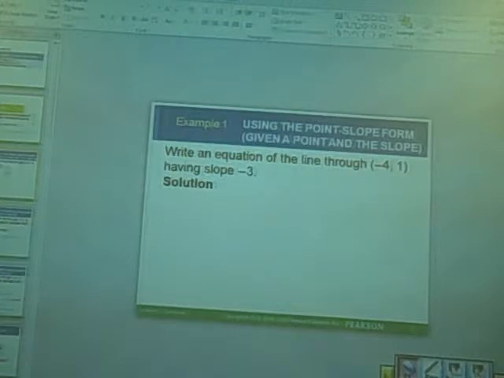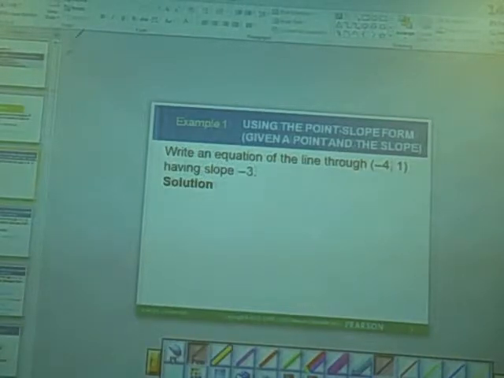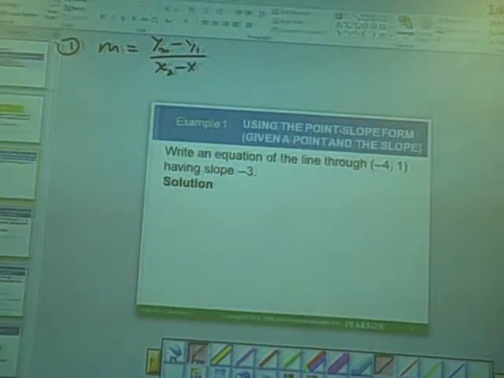Alright, so let's say we're writing an equation for the line given the point -4, 1 and having a slope of -3. So basically there's 3 equations you want to remember. One is your slope of 2 points equation, slope is y2 minus y1 over x2 minus x1.